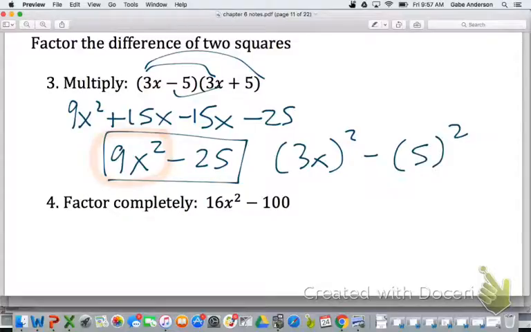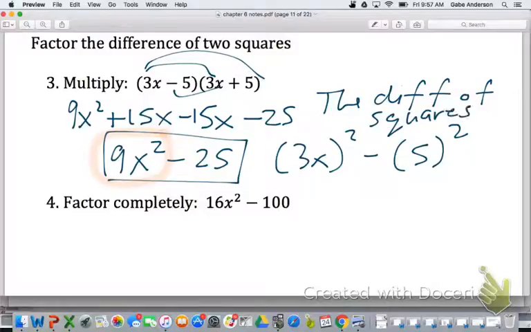The important thing I want you to recognize is that we could give this a name, the name that you'll see in your book and that a lot of math people use: the difference of squares. Why do you think they would call it that? Yeah, one's negative, one's positive. And what does the word difference mean? It means subtraction, that's right.